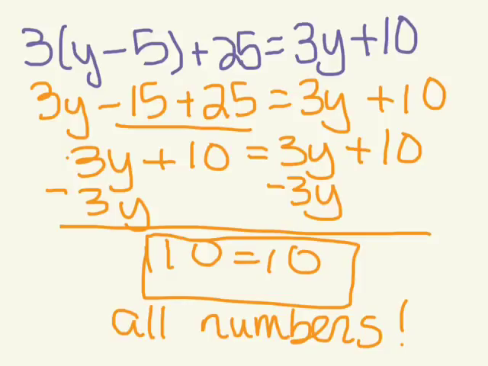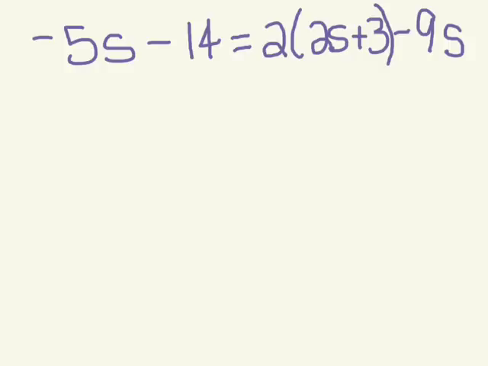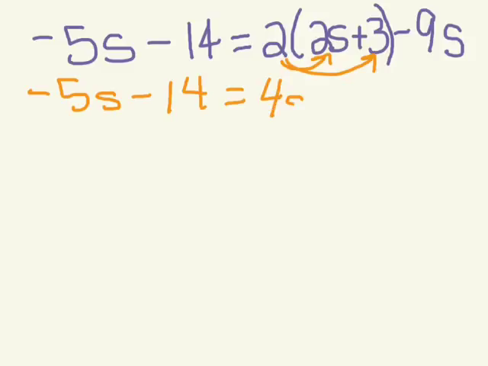Okay, so those are unique solutions that happen every so often. And then here's an example of a null set where there are no possible solutions. Again, you're going to want to distribute first. And I get -5s minus 14 equals 4s plus 6 minus 9s.